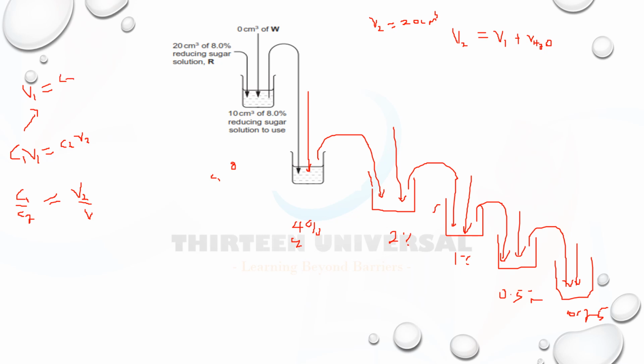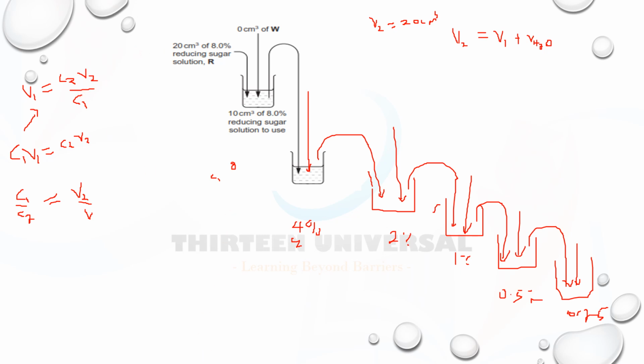V1 equals C2 times V2, all over C1. So moving from C1 of 8%, to C2 of 4%, V2 is 20. Just put it here.